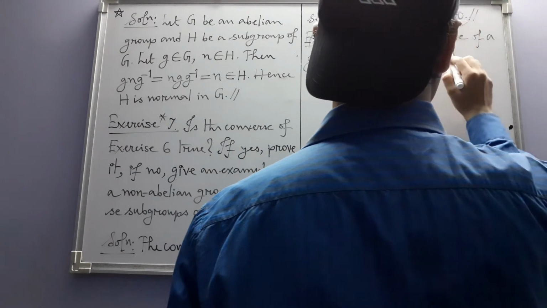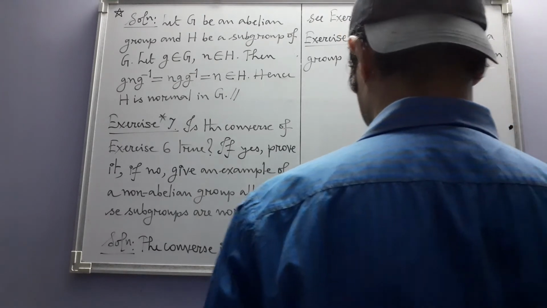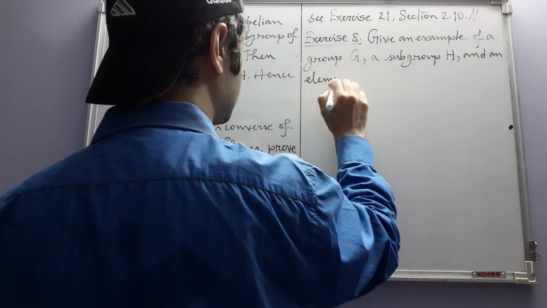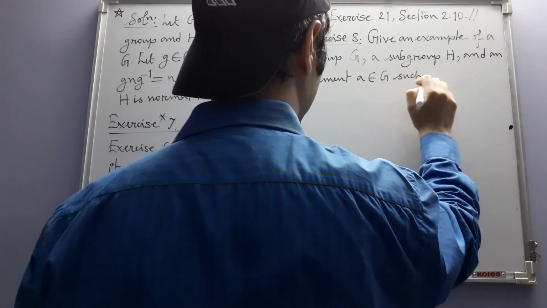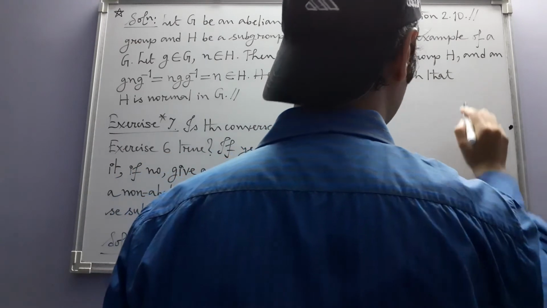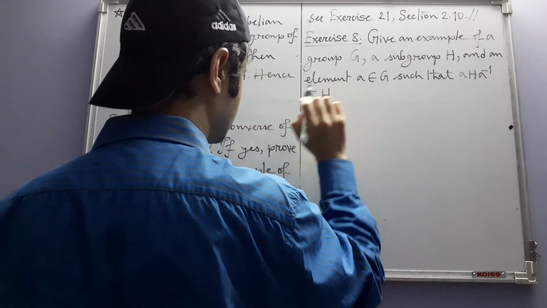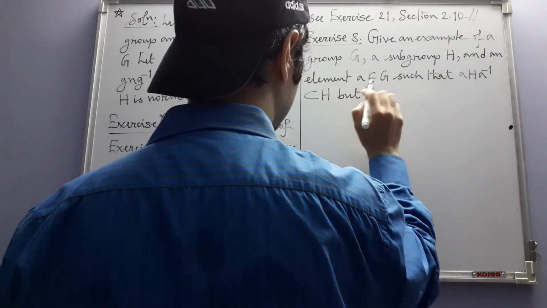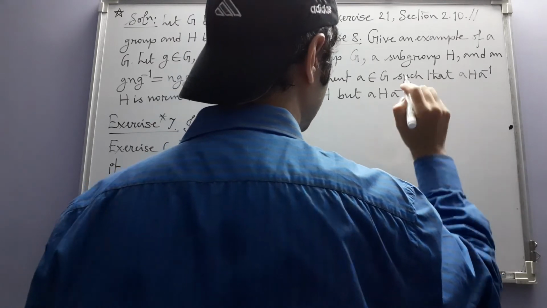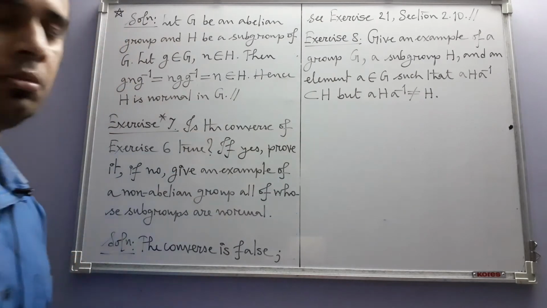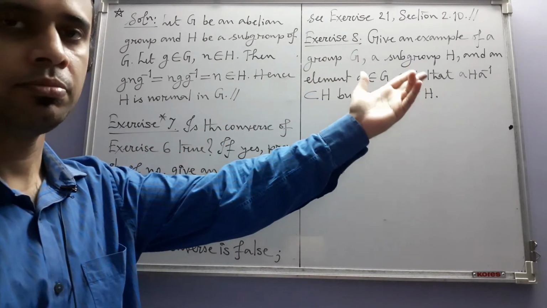A subgroup H and an element a belonging to G such that aHa inverse is contained in H, but aHa inverse is not equal to H. So that means this subgroup will be a proper subgroup of H. It will not be equal to H. We have to find such a group, such a subgroup and an element.